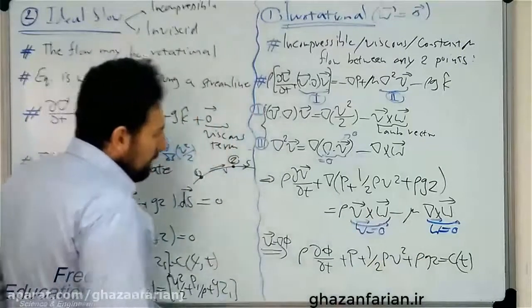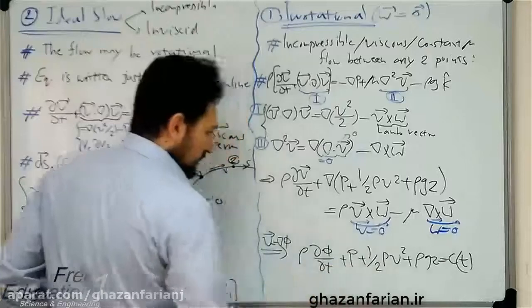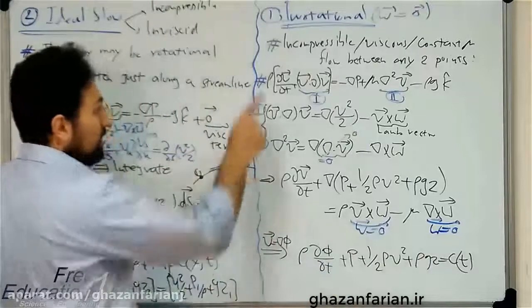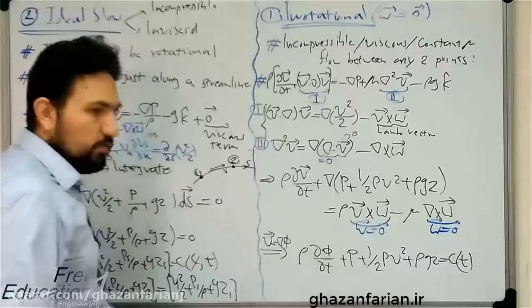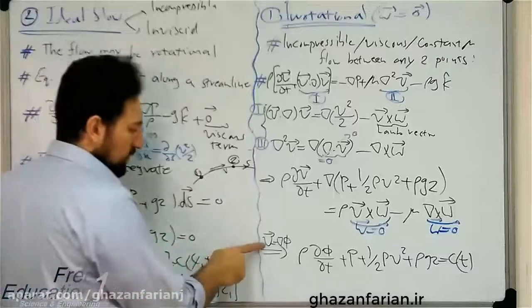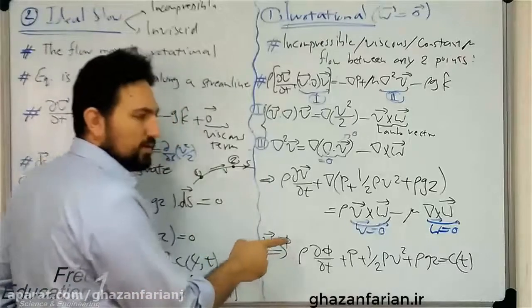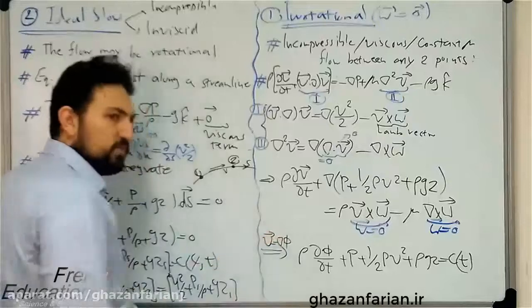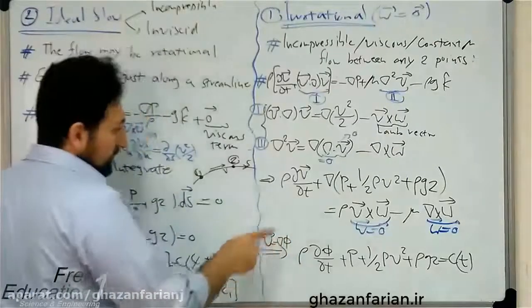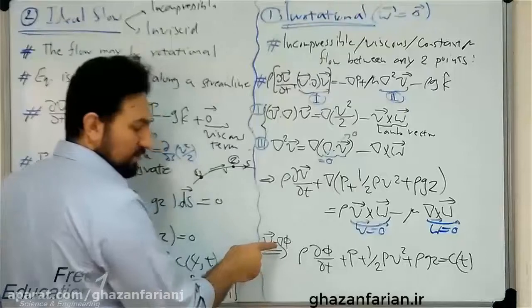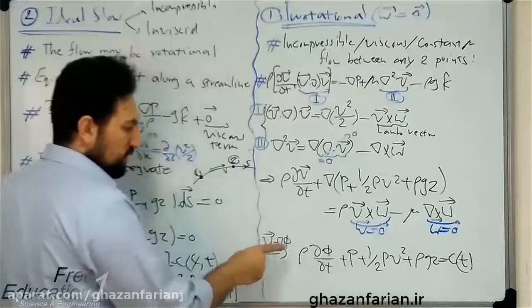So now we have only the first side of the equation, which is written here. But consider that in irrotational flows, we can write the velocity vector as the gradient of a scalar field, which is called the potential function. So substitute the velocity vector here by the gradient of the potential function.